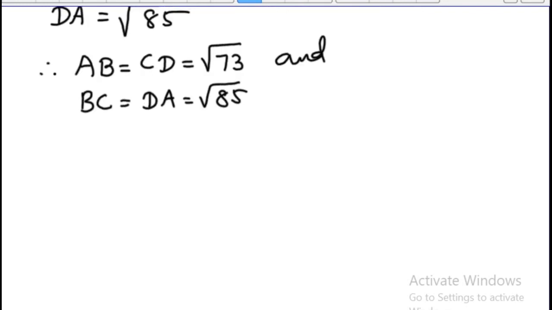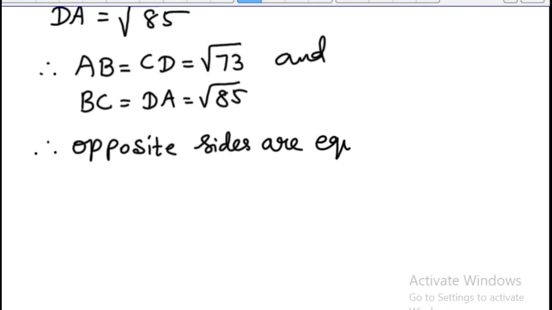So what is that? Therefore, opposite sides are equal. Okay, opposite sides are equal. Therefore, ABCD is a parallelogram.